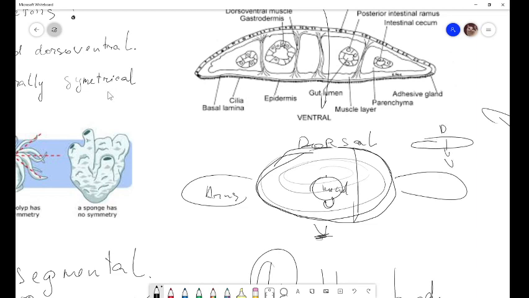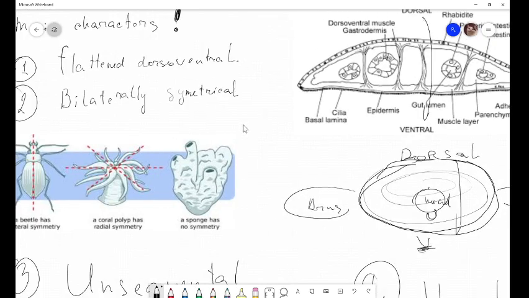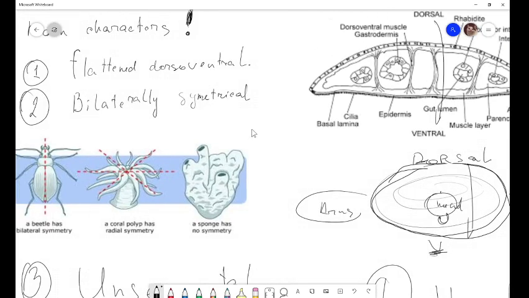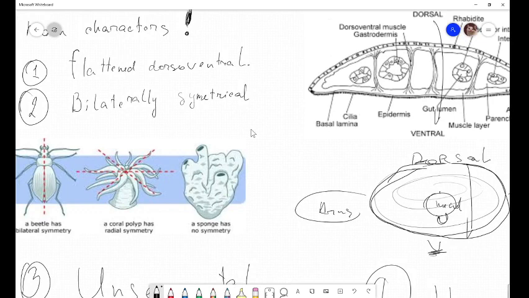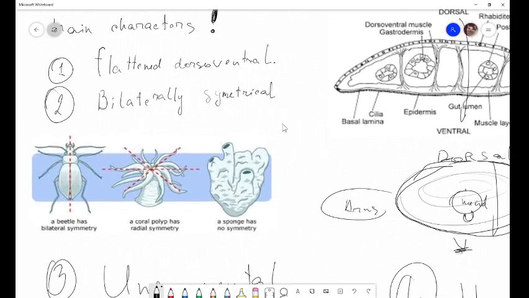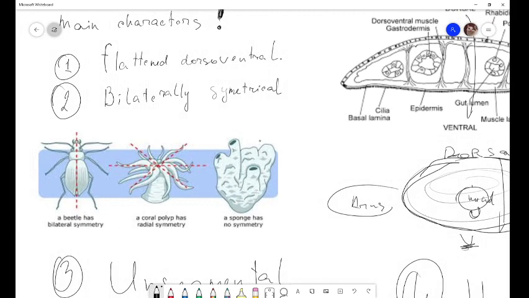Okay, what's the next? The next character is that they are bilaterally symmetrical. It means that their body, for example, a sponge has no symmetry.